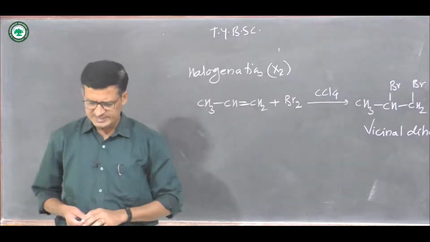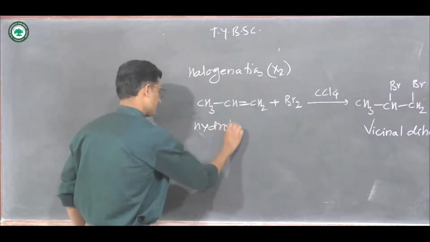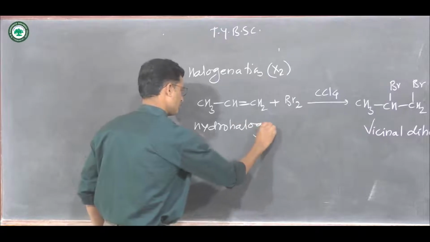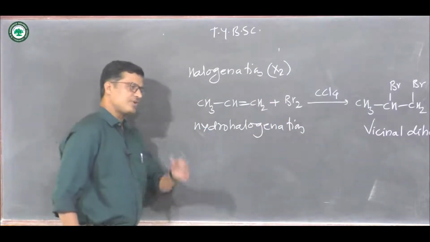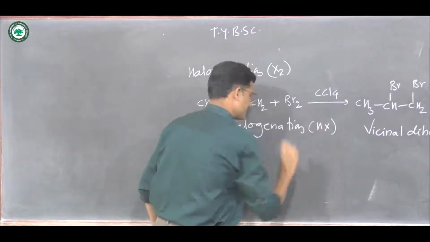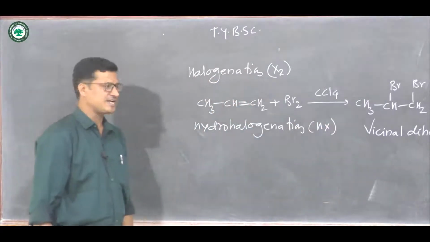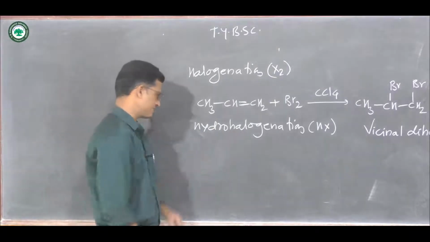Take the next example, hydrohalogenation. In hydrohalogenation, HX, hydrogen and halogen, are added to the carbon-carbon double bond. Such reactions we call hydrohalogenation.